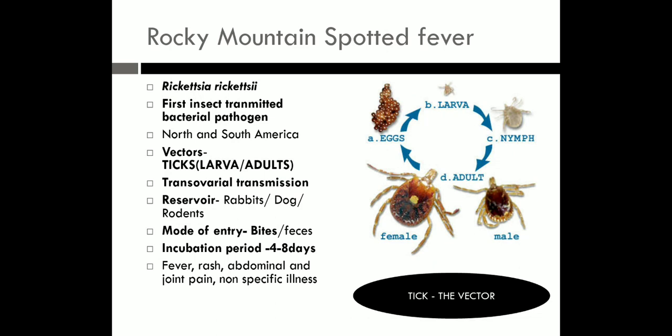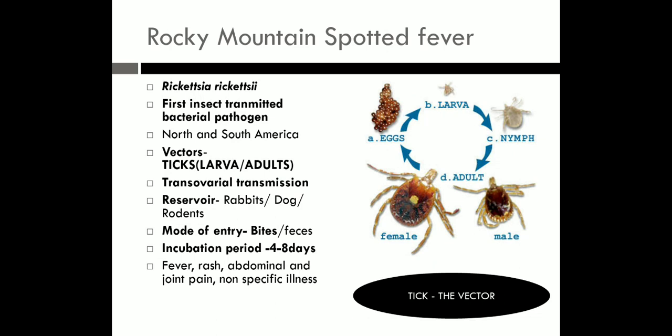The prevalence of the pathogenic rickettsia in various tick populations, their efficiency of both trans-ovarial transmission and trans-stadial transmission, that means from one stage to the other stage, and their ability to infect the uninfected ticks while co-feeding on the same host are quite variable.